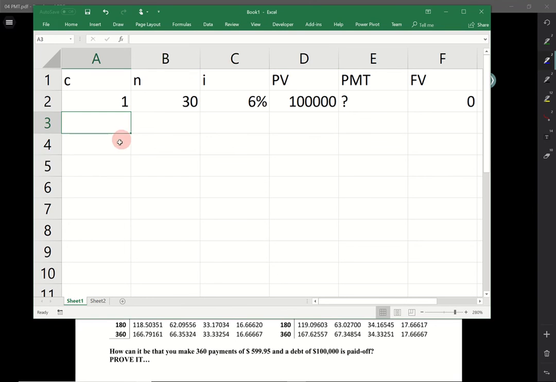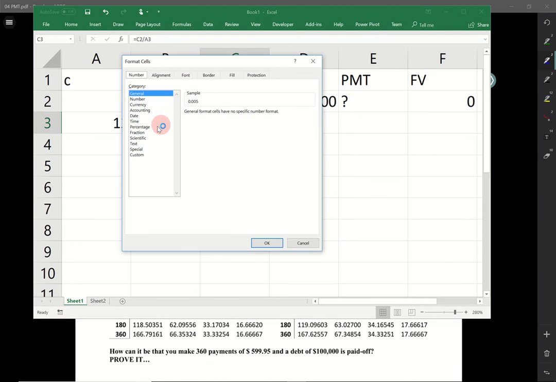So now we do 12. Actually, what you should do is not type in 360. You should do that one times that one. And then for the interest rate, you should do this one divided by the header of that row. If you want, you can switch that to percentage, and I'll just show two places.